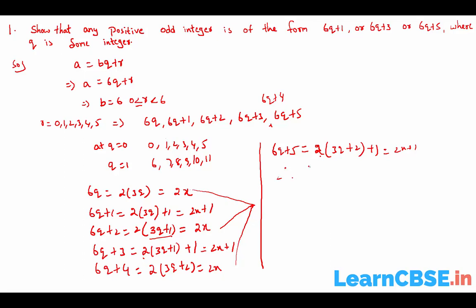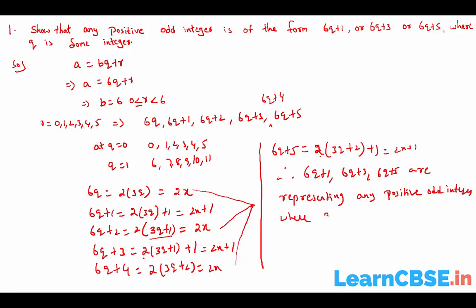Therefore 6q plus 1, 6q plus 3, 6q plus 5 are representing any positive odd integer, where q is some integer.